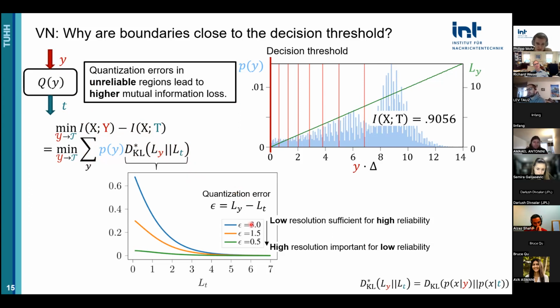And we can see that if we have a large quantization error for reliable messages, the contribution of this Kullback-Leibler divergence is still close to 0. So we can have low resolutions for the highly reliable messages, but we need a higher resolution for the low reliable messages. So just to give you some intuition why those boundaries look the way they are here.